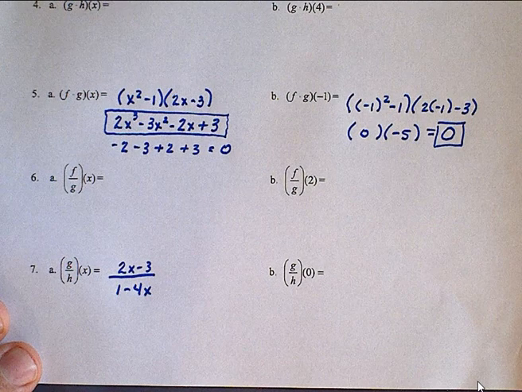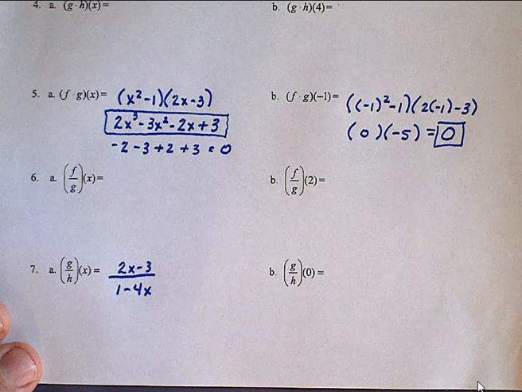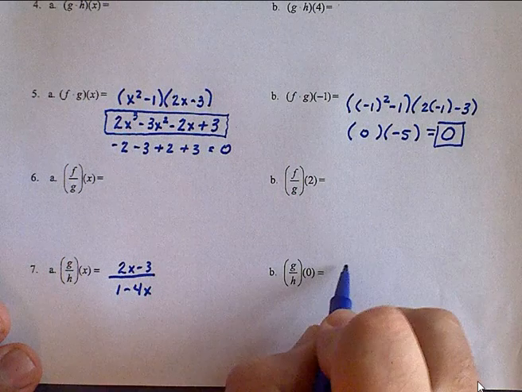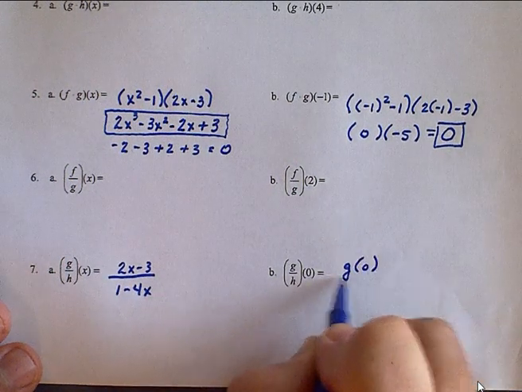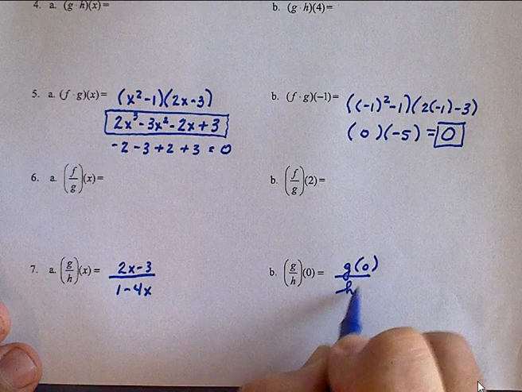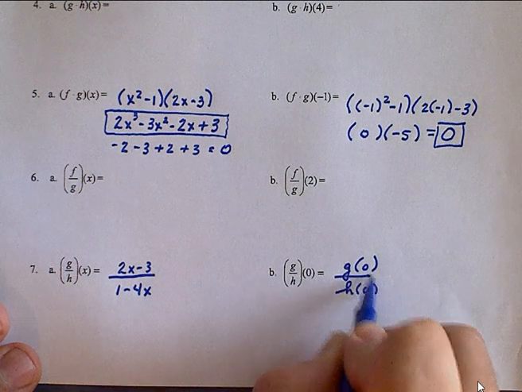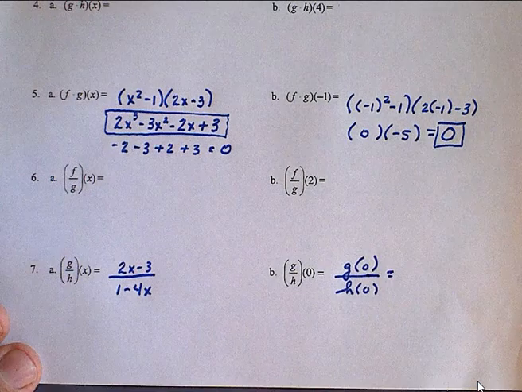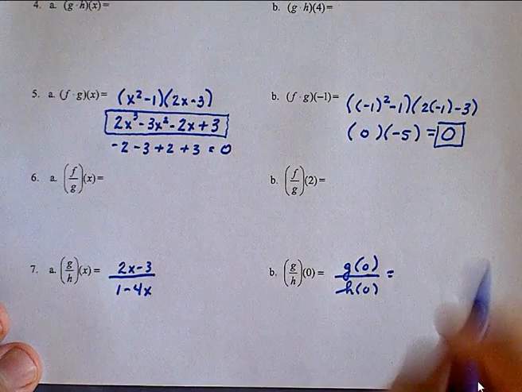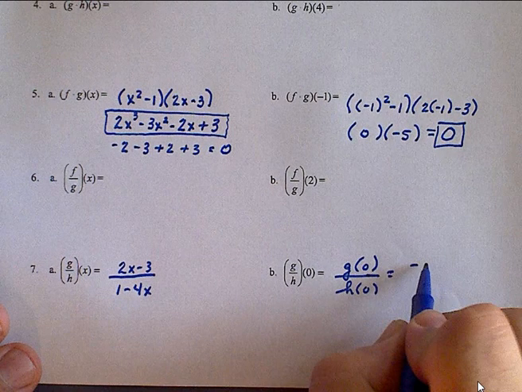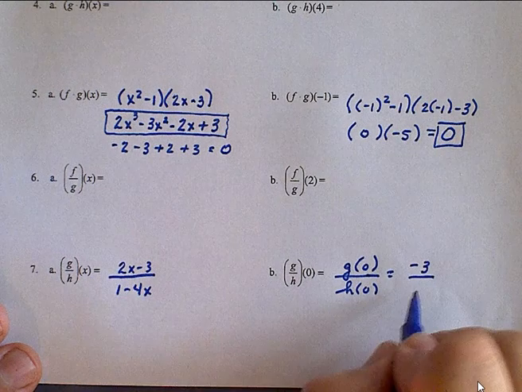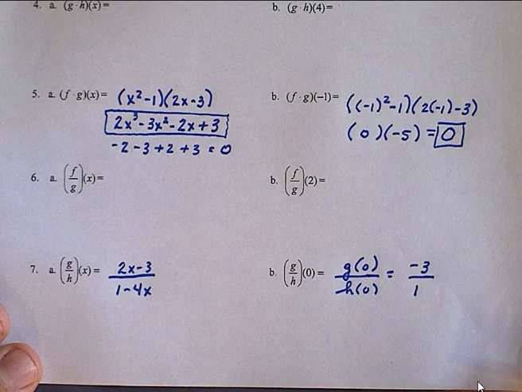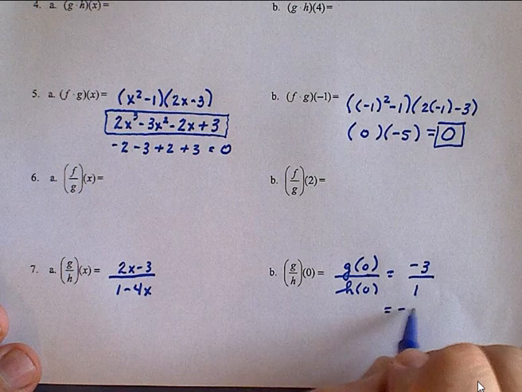Now, again, plug the number in. If I write this as G of 0 over H of 0, that means I've got to plug zeros in for all of those x's. When I do that, I get a negative 3 on top and a 1 on the bottom. That leaves me with an answer of negative 3.